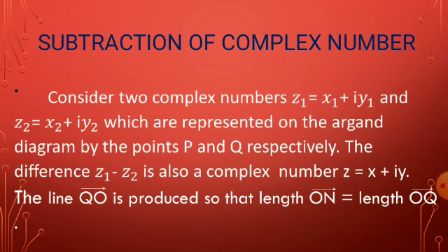Now these two complex numbers are represented on the Argand diagram by the points P and Q. Now the difference, that means Z1 minus Z2, is also a complex number which is equal to Z.